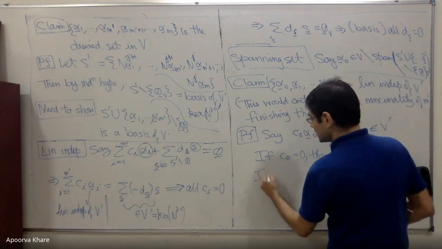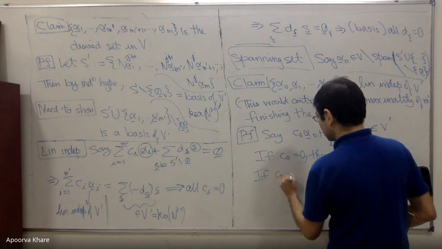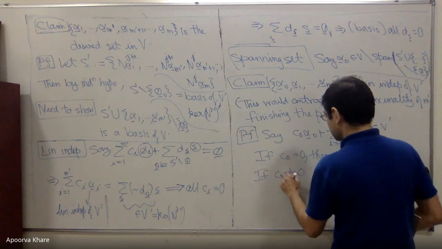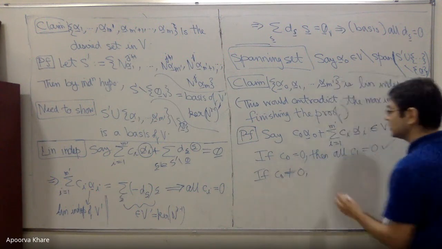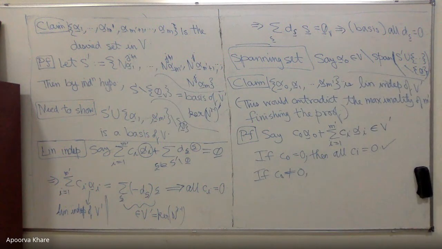If C naught is non-zero, then what can you do? There are two cases, right? If C naught is non-zero, then what do you know?